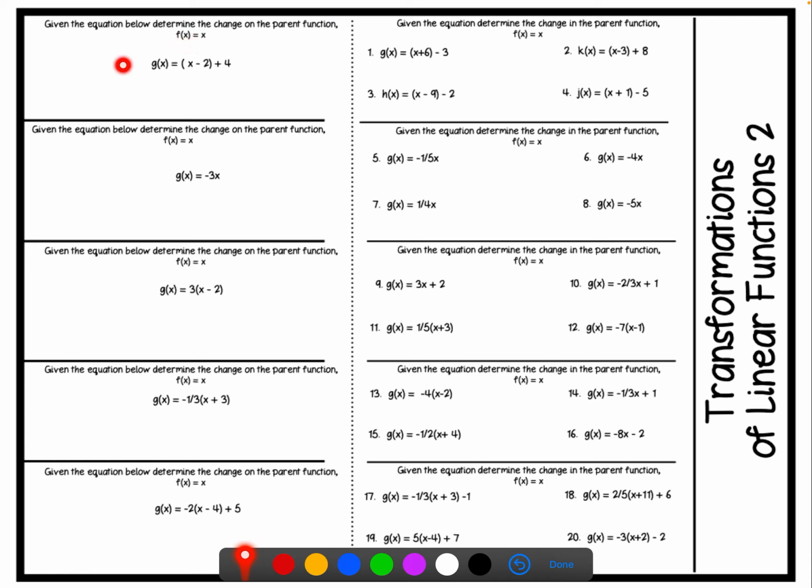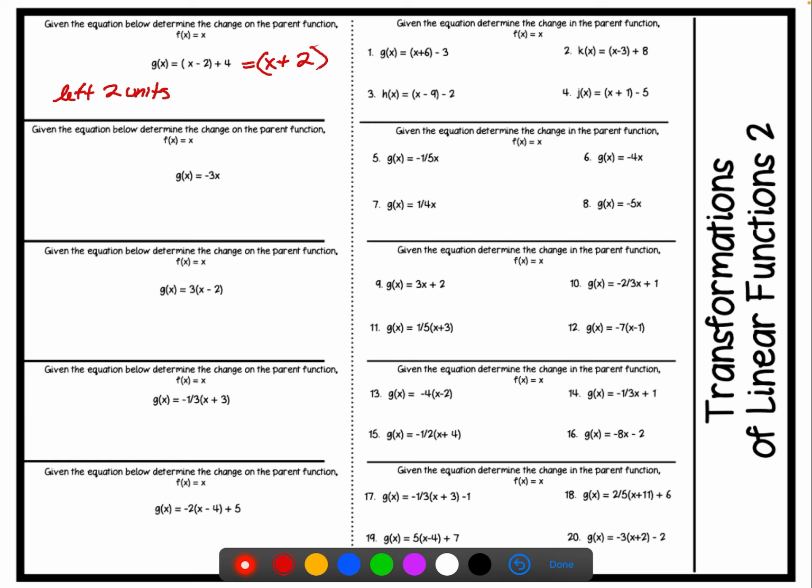And the equation we're given is that g of x is equal to x minus 2 plus 4. All right, in order to complete this problem, notice that the x minus 2 plus 4 simplifies to truly just x plus 2. Okay, so we know that when x plus 2 is in parentheses, it's moving left 2 units.